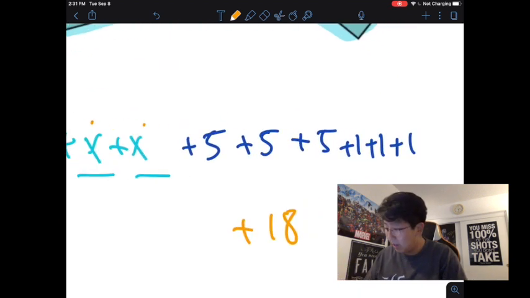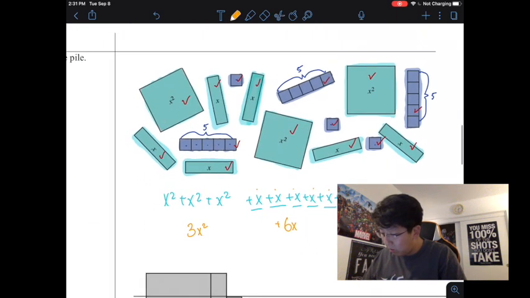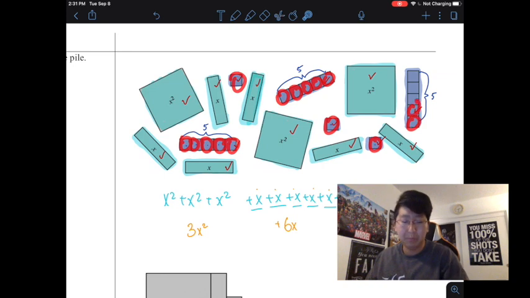This is 10, this is 15, plus 1 plus 1 plus 1 equals 18. If I added these unit tiles together, I'm going to count 1, 2, 3, 4, 5, 6, 7, 8, 9, 10, 11, 12, 13, 14, 15, 16, 17, 18.